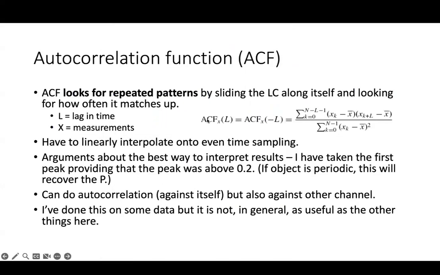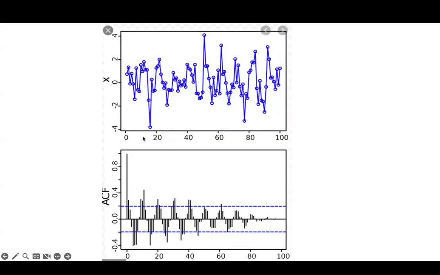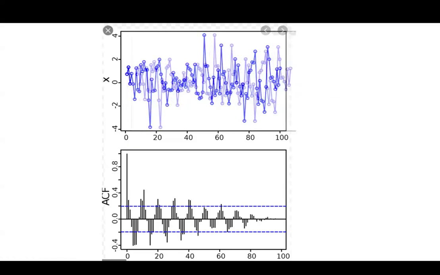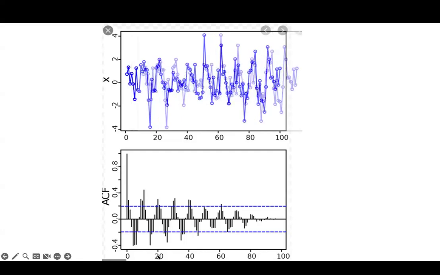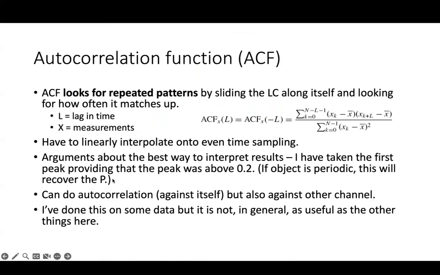As I calculate it, initially that number is big, but then I shift it one step and that number gets smaller. I shift it again and the number is smaller. Shift it again and, look, things are starting to line up a little bit, like here and there, and so that number gets large again. That's how it works.